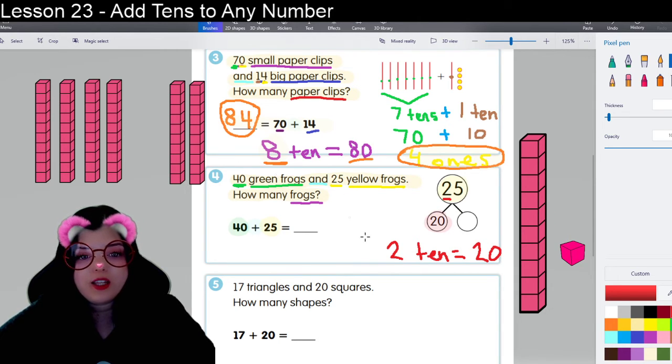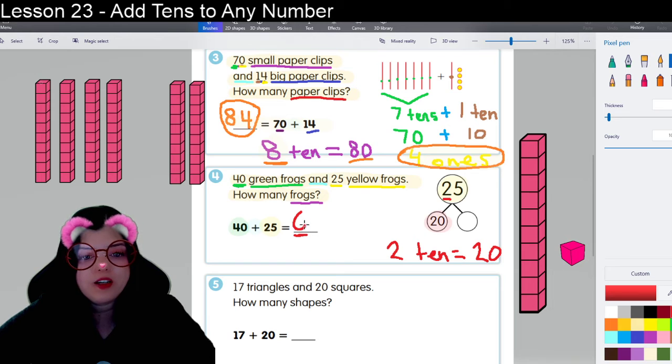So let's add those together to fill in our tens place. We have our 4 groups of 10 from 40 and our 2 groups of 10 from 25. Now let's add them together. Ready? We have 4, so let's count up from 4. So 4, 5, 6.